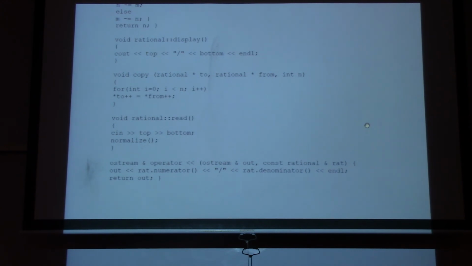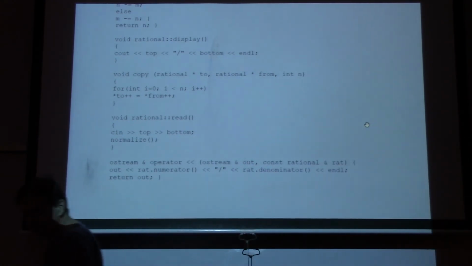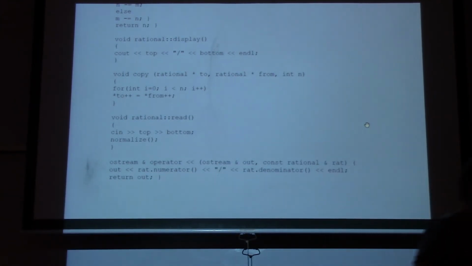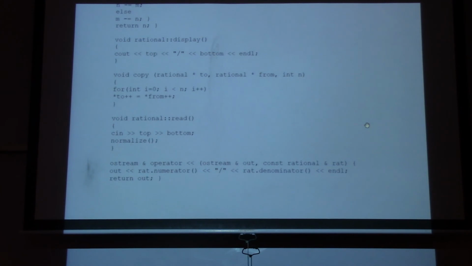Now what we have here is this rational object. We simply say out. That's the stream. Remember, if cout becomes the parameter, cout comes in, and it's called out locally. This is important: out is now a substitution for cout.